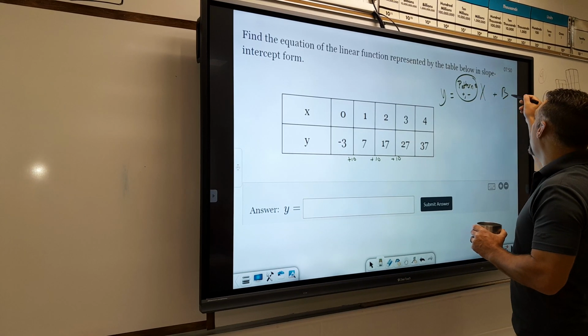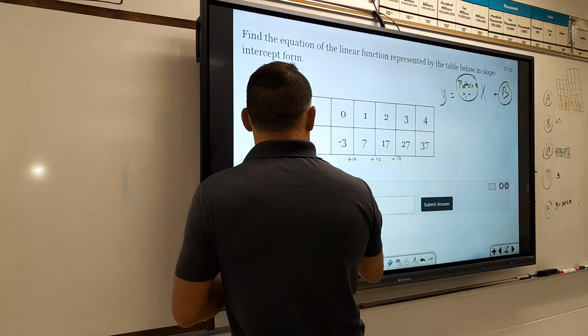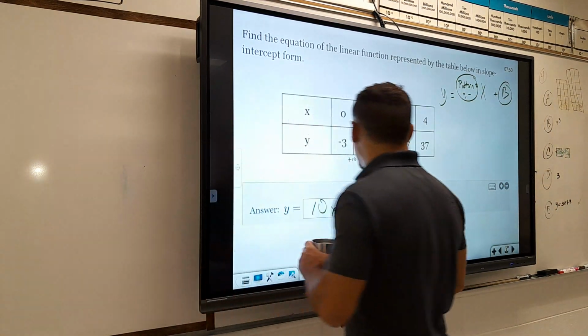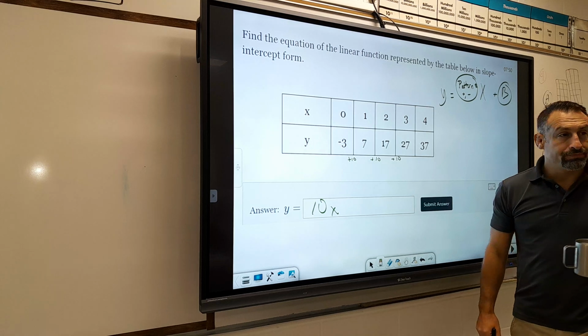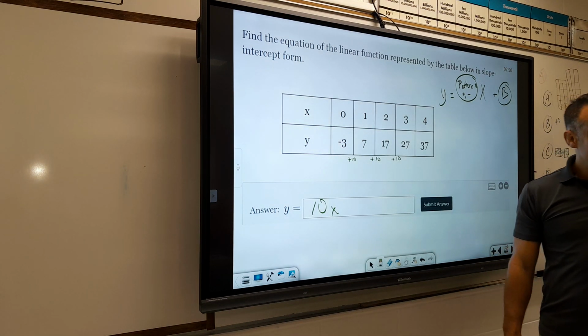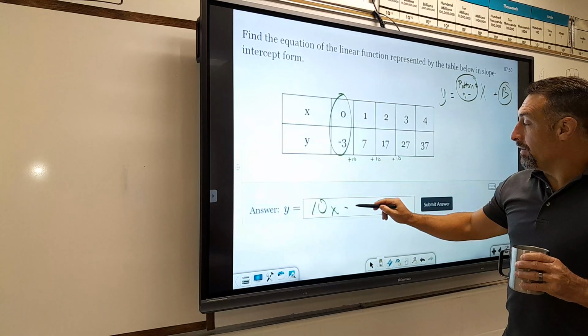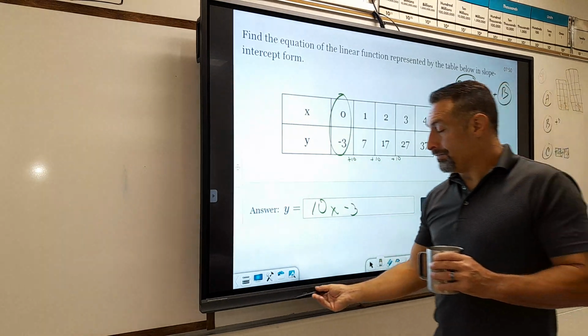That's your slope, and then we got to find the y-intercept. So we already know we're at y equals 10x. Then we need to find our y-intercept. What's y-intercept? You can find it right here. It's a -3, and we're good to go.